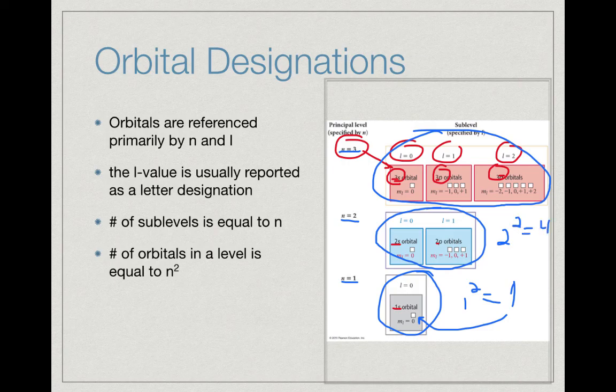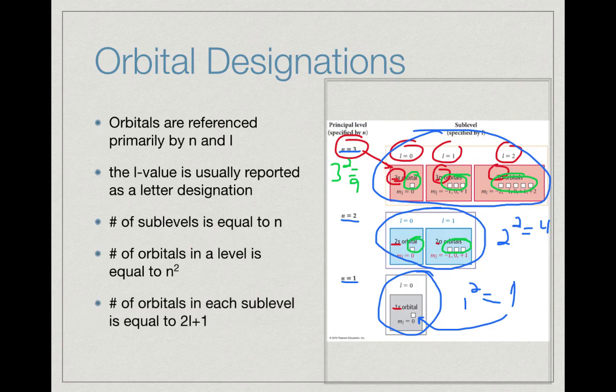And so we have 1 orbital there and 3 orbitals there, so we have 4 orbitals. For n equals 3, 3 squared is equal to 9, and so I've got 1, 3, which is 4, and then another 5, and so 9. So I've got 9 orbitals there in that level.